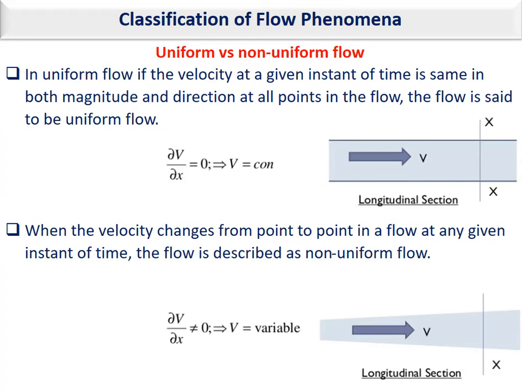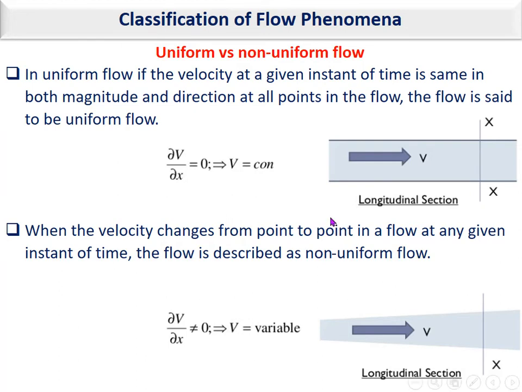The next classification is uniform versus non-uniform flow. In uniform flow, if the velocity at a given instant of time is the same in both magnitude and direction, the flow is said to be a uniform flow.